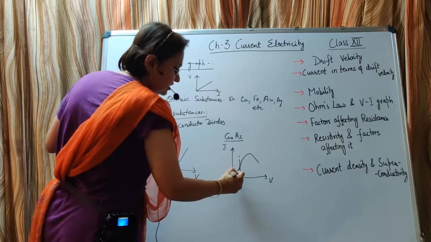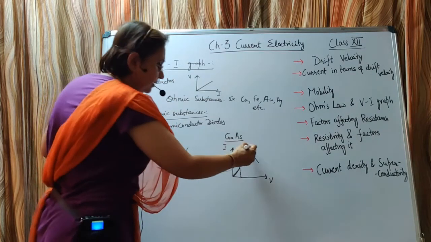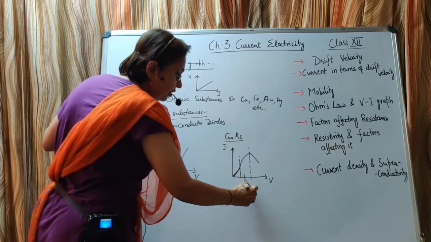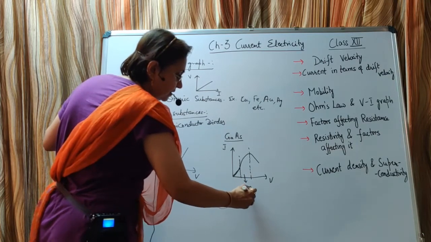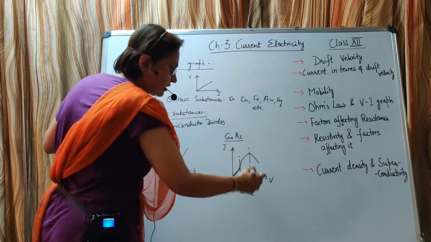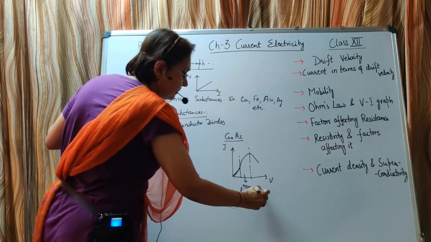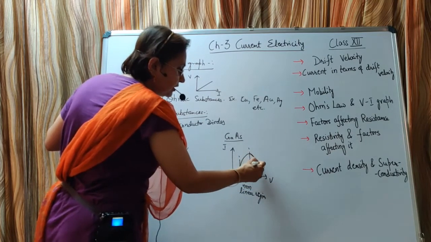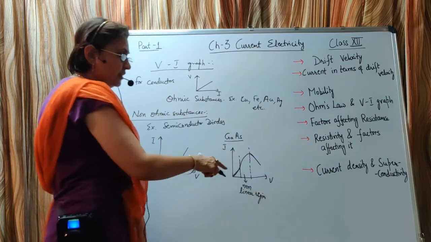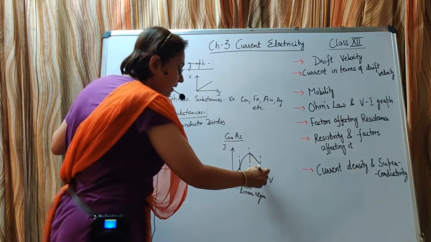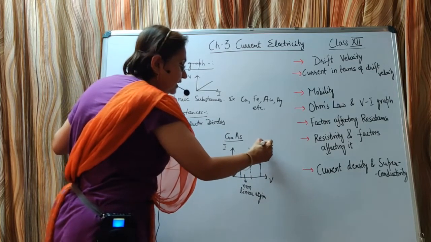This region is the linear region, and from here to here is the non-linear region, because the VI graph is not a straight line. From here to here the graph is going down, that is, as V is increasing, I is decreasing. So this part represents negative resistance.